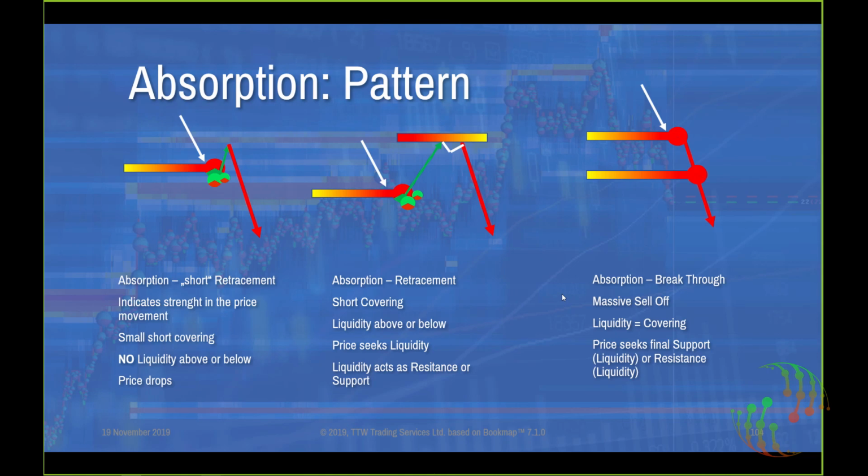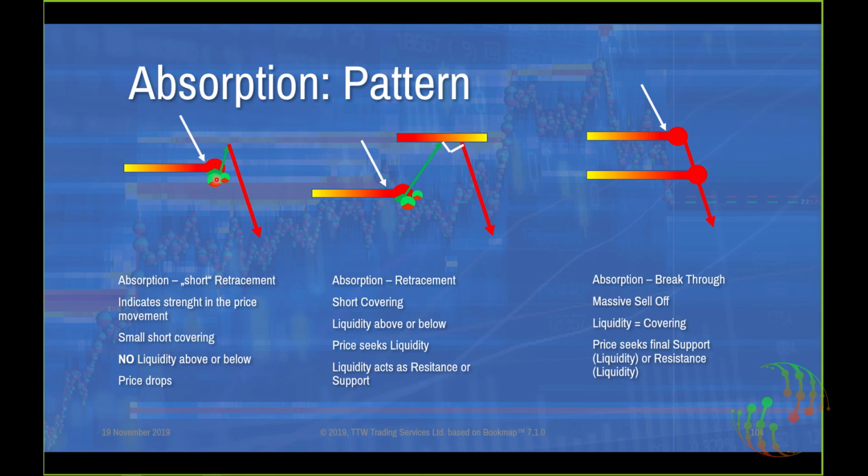To illustrate that, I have put 3 examples, the most common examples you will see and spot every day. This is the liquidity level. Now the market is trading down towards this liquidity level. The absorption takes place here at the liquidity level. Everything is absorbed, that means energy is taken out.